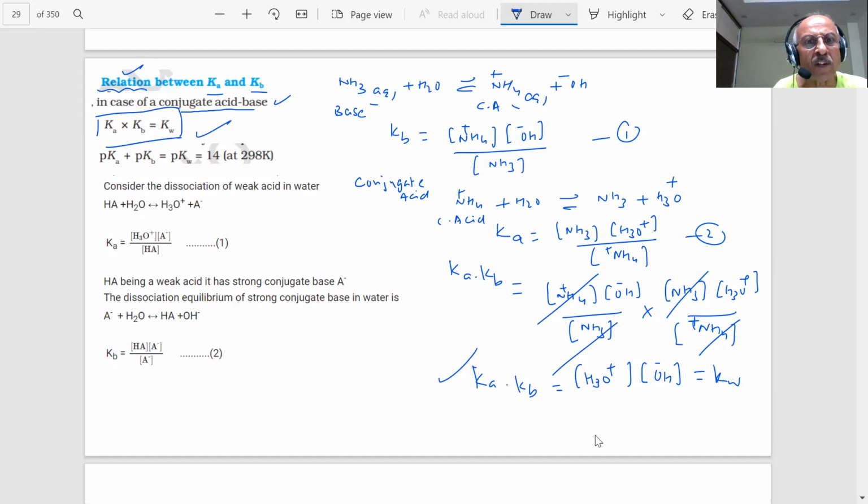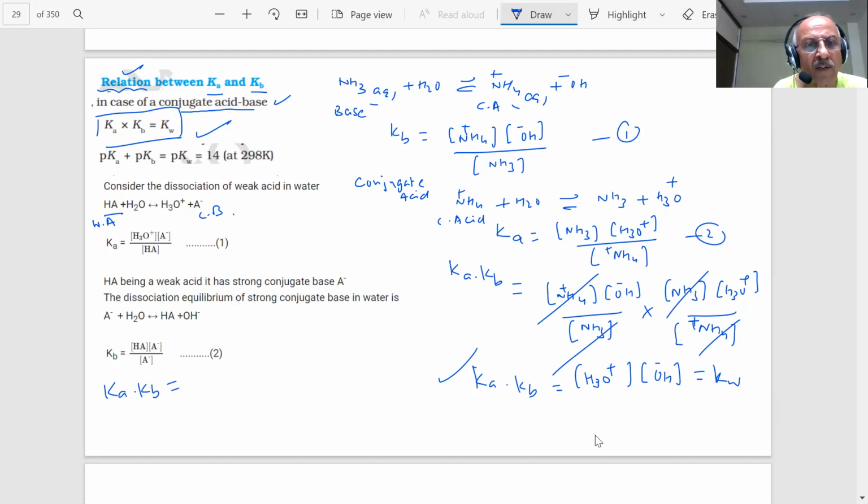If I consider this is a weak acid, then this is the weak acid, student. This is the conjugate base and Ka value, Kb value. So if I multiply Ka into Kb, what are you getting here, student? Ka is equal to H3O plus into A minus divided by HA.